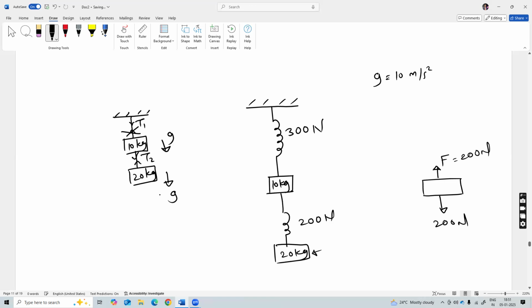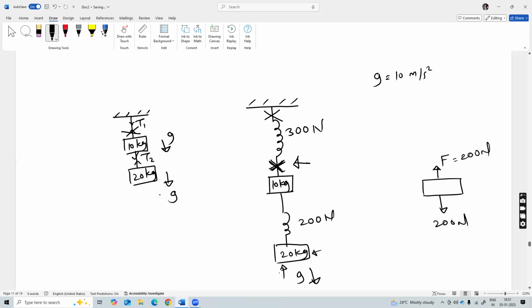If you cut this spring here, this 20 kg mass will move downwards with acceleration due to gravity, g only.